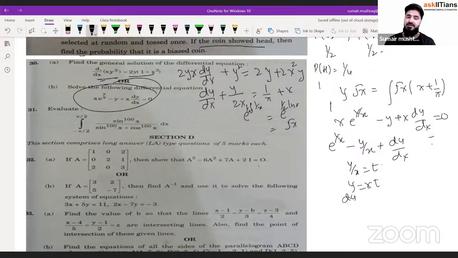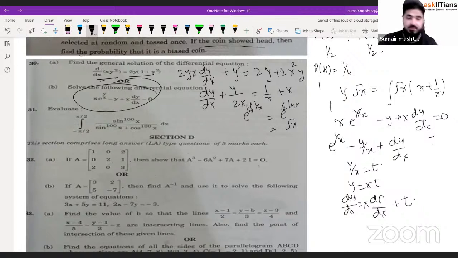So dy by dx will be equal to x dt by dx plus t. Substitute here, get the answer. Fine.